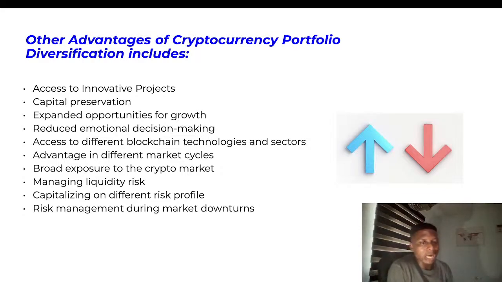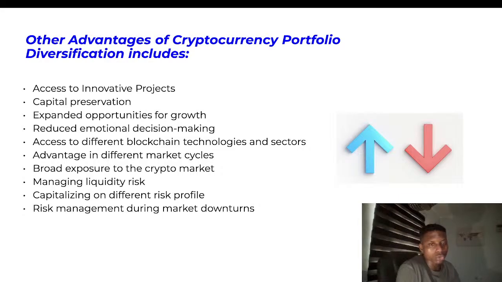Another advantage when diversifying your portfolio is capitalizing on different risk profiles. Some of these altcoins are more volatile than the others, so you are able to capitalize on different risk profiles, preserving your capital from entire loss by putting it in different alternative coins.